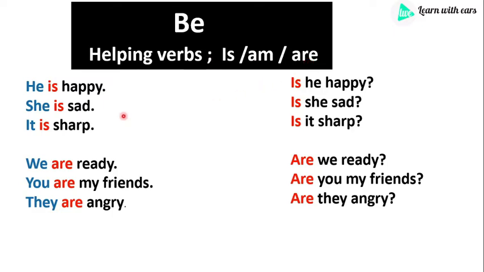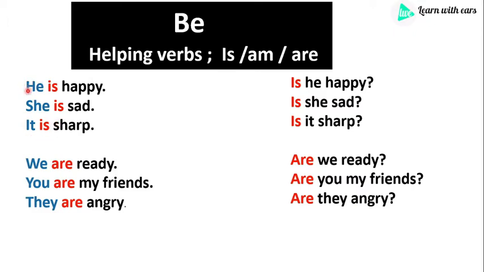So here are some sentences. He is happy, she is sad, it is sharp, we are ready, you are my friends, they are angry. Now here you can notice he, she, it.